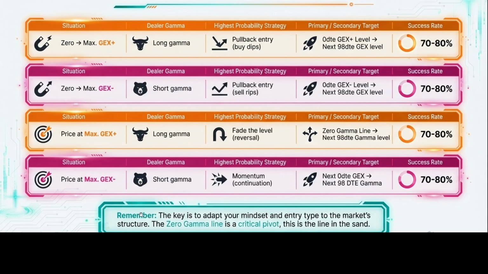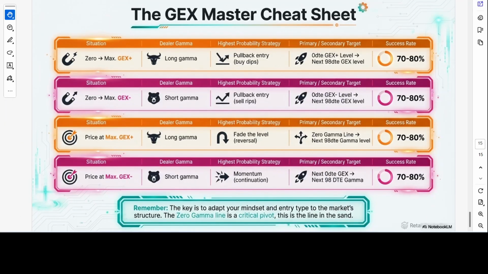But remember that the key is to adapt your mindset and entry type to the market structure. The zero gamma line is a critical pivot. This is the line in the sand. Remember this. Okay, now I want to speak about some examples.